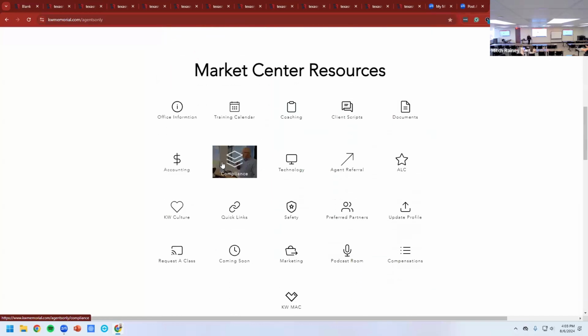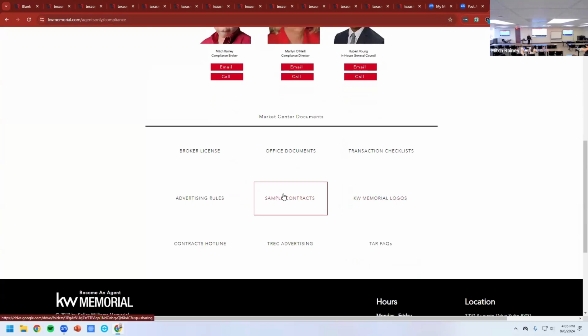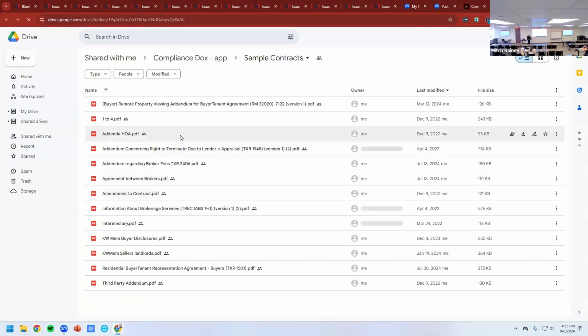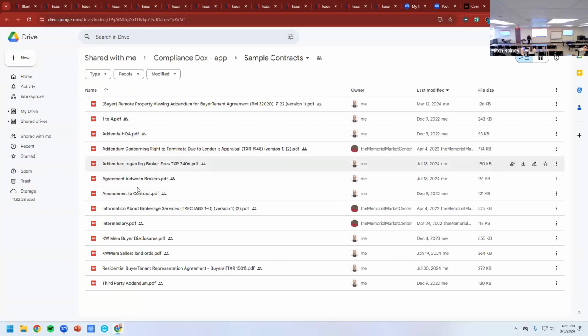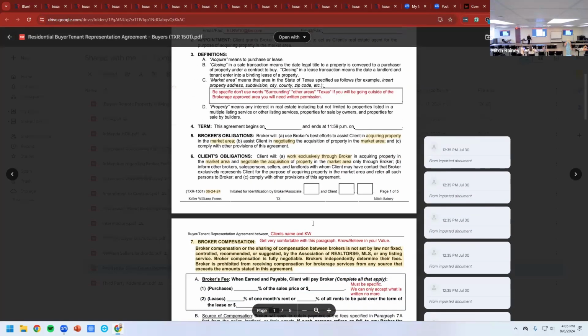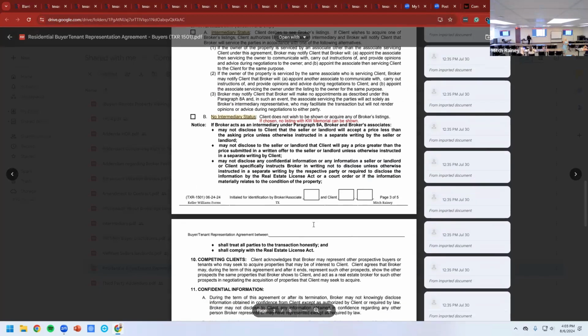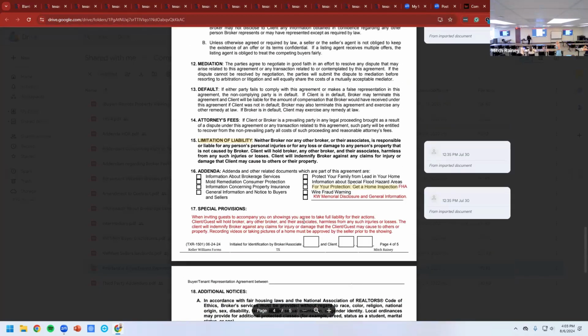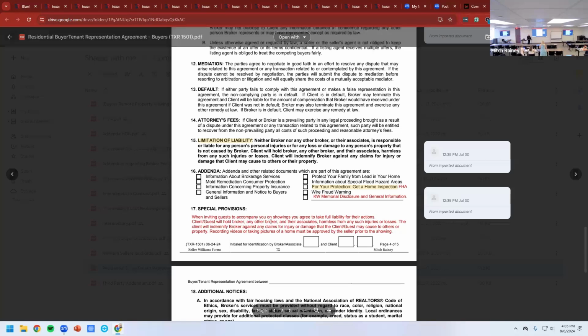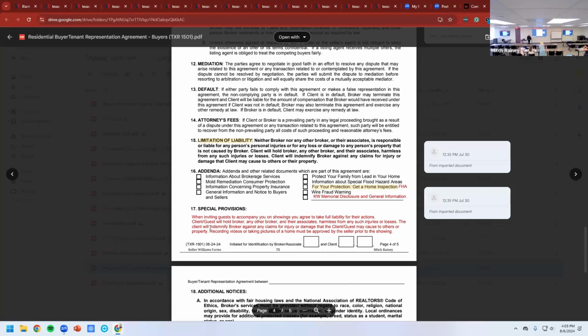If you come down to compliance, sample contracts. Here's the residential buyer tenant representation agreement. There's where it's filled in. Paragraph 11, when inviting guests to accompany you on a showing, you agree to take full liability for their actions.